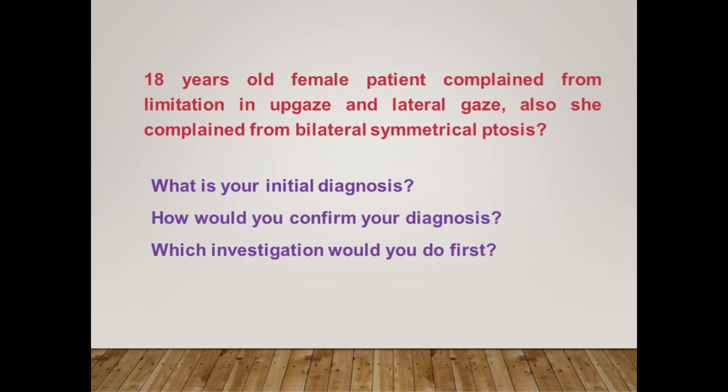To confirm my diagnosis, I would do a blood sample, biopsy from muscle, and lumbar puncture. The investigation I would do first is ECG, as Kearns-Sayre is associated with heart block, and this may be life-threatening.